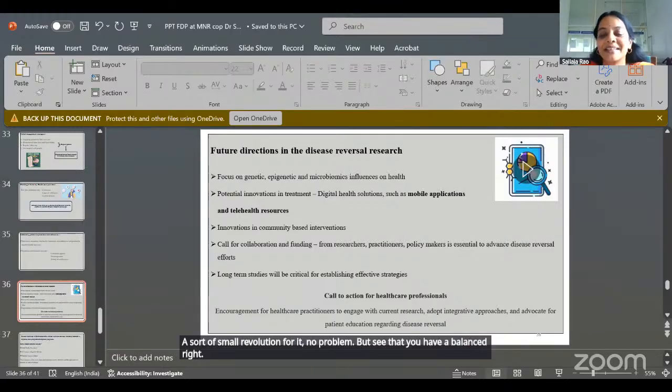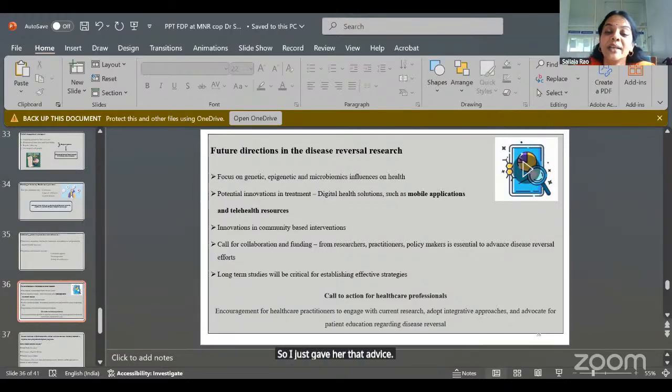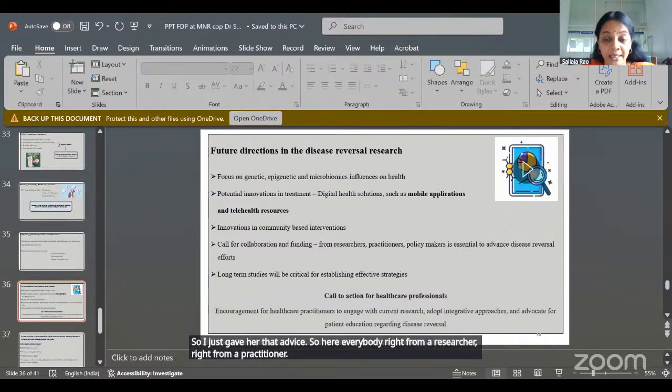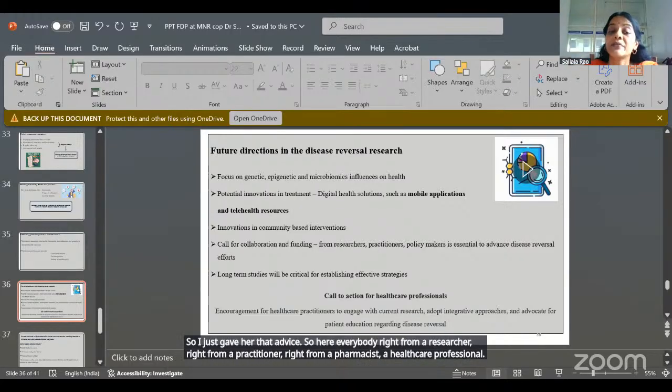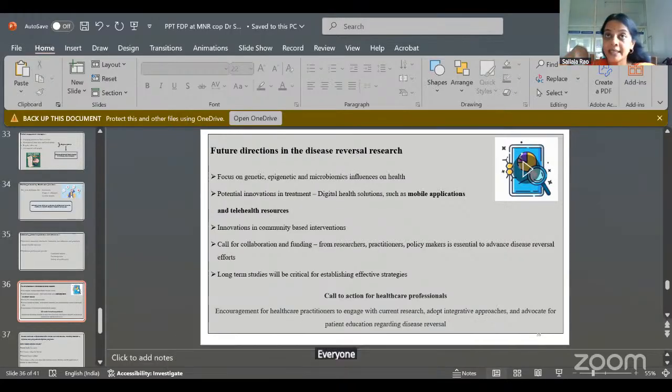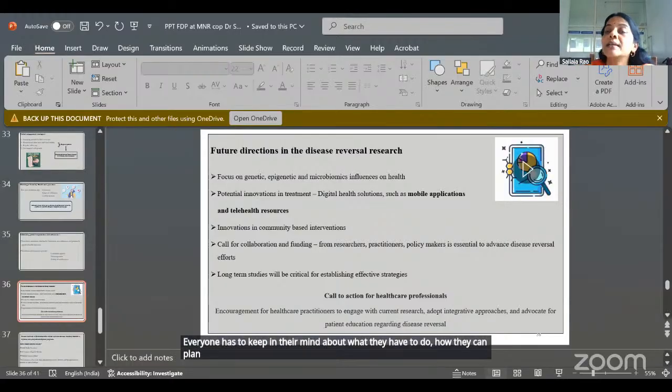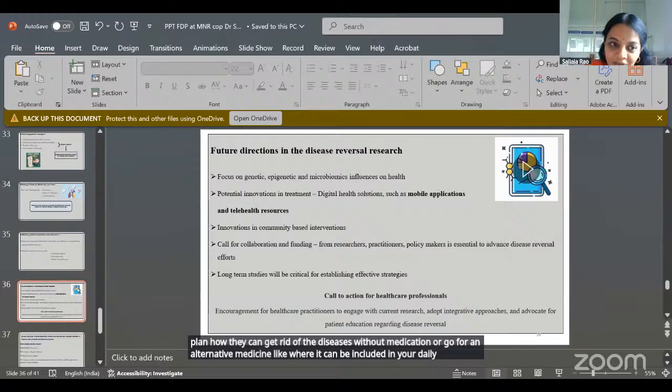So I just gave her that advice. So here everybody, right from a researcher, a practitioner, a pharmacist, a healthcare professional, everyone has to keep in mind what they have to do, how they can plan, how they can get rid of the diseases without medication, or go for an alternative medicine that can be included in your daily life. Next slide.